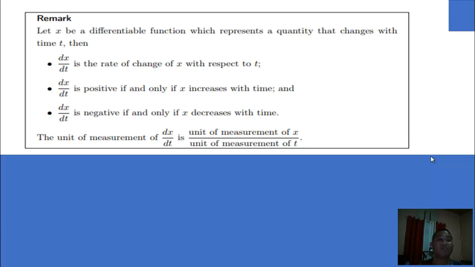So the unit of measurement of dx over dt is the unit of measurement of x over the unit of measurement of t.